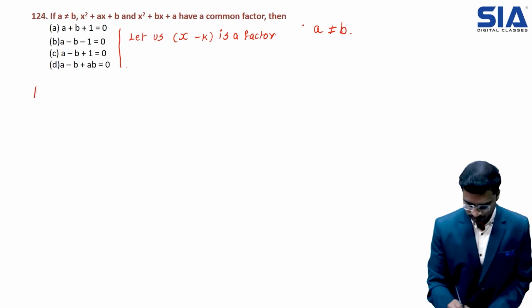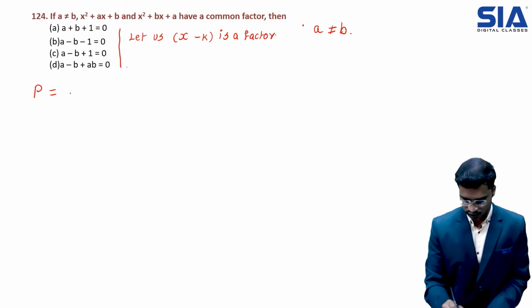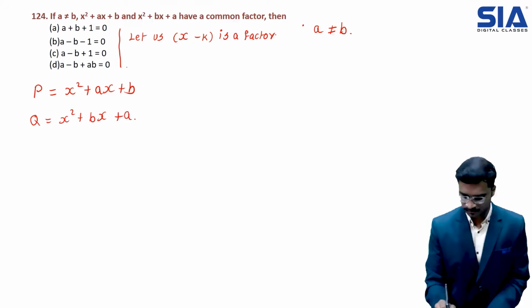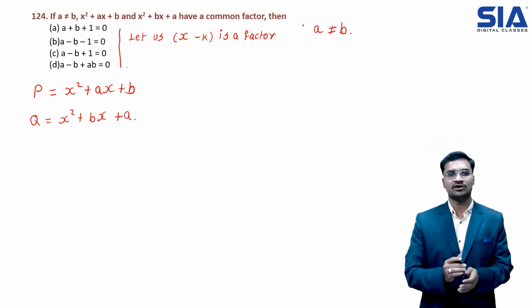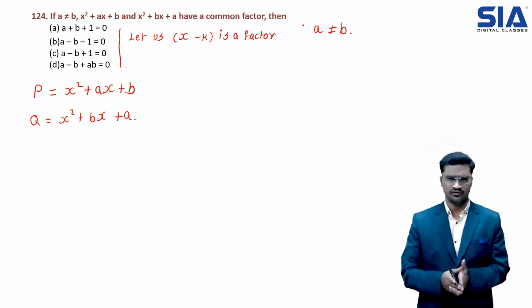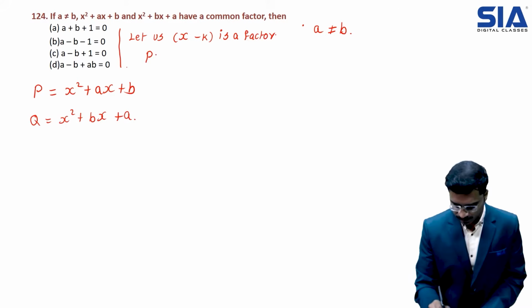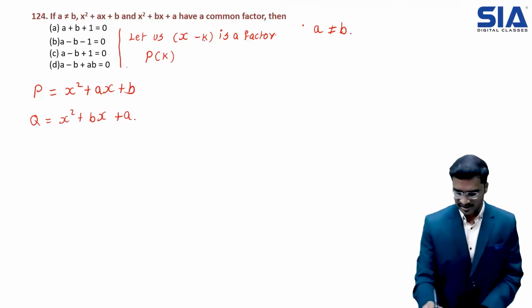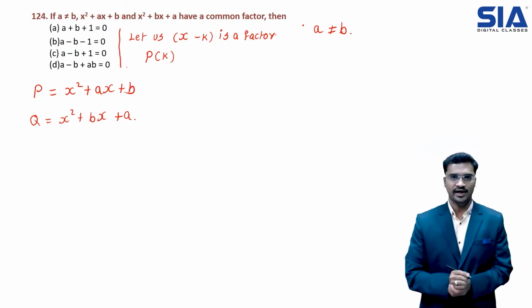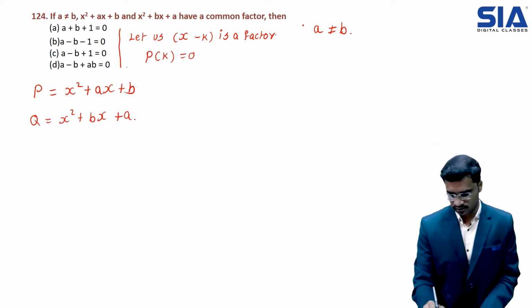Let us assume the first equation as p, so p equals x square plus ax plus b, and the second equation as q, so q equals x square plus bx plus a. If x minus k is a factor of p and of q, then p of k, when k is substituted for x, will be 0, and in the same way q of k is also 0.